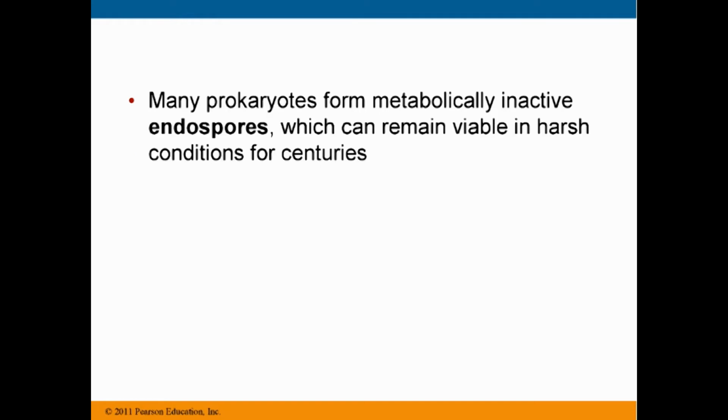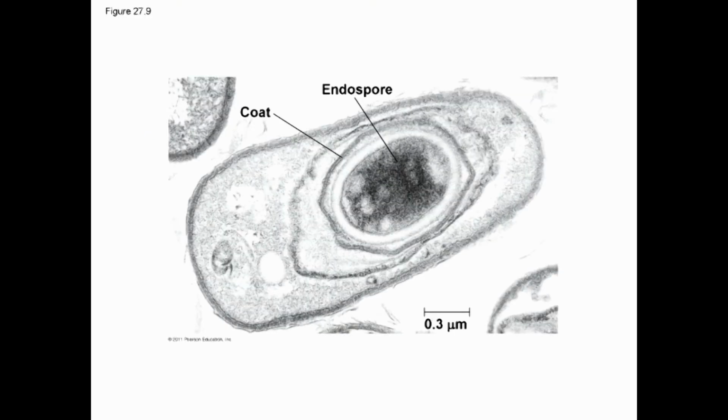Some prokaryotes form what are called endospores, and these endospores can remain viable in harsh conditions for, it says here, centuries. So they can live and persist for very long periods of time. This is what an endospore looks like.